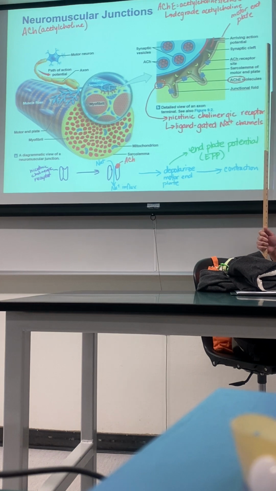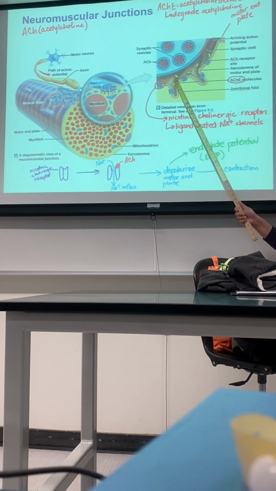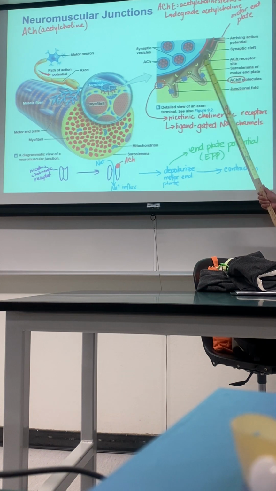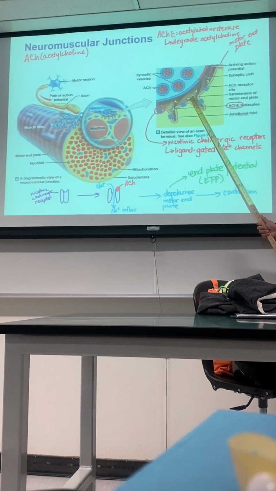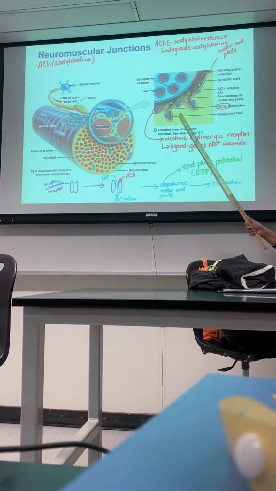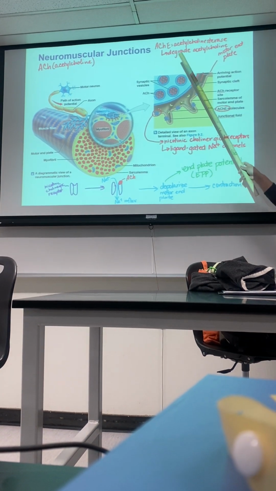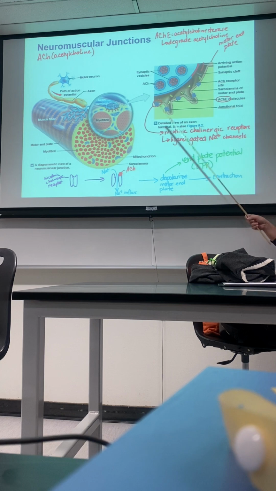Acetylcholinesterase, which are the enzymes that regulate the activity of acetylcholine, because what they do is they break them down. So if you want to stop your muscle contraction, acetylcholinesterase needs to do what to acetylcholine? Breaks it down.